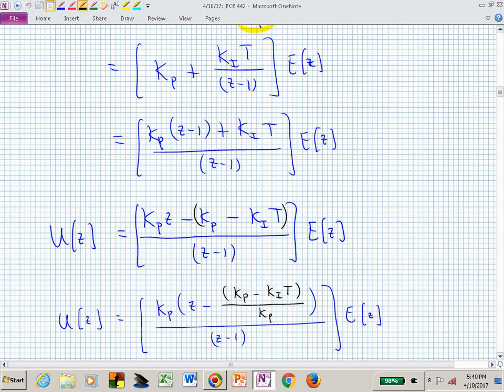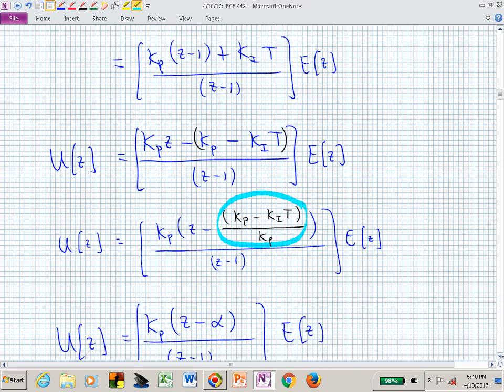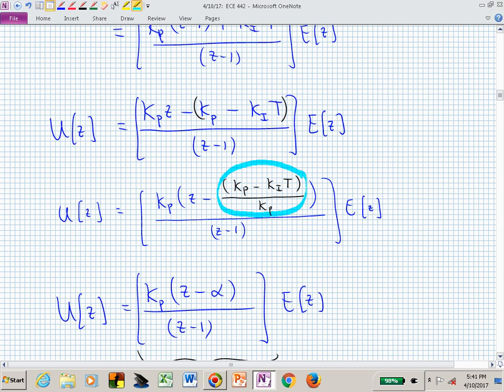And what I want us to look at is this particular factor. Now, that's just made up of 3 different constants combined in some way. We have a gain K sub P, we have a gain K sub I, and we have our sample period capital T. We combine those in that way, and that's just going to give us a coefficient, a constant. Or we could say that's just an alpha.